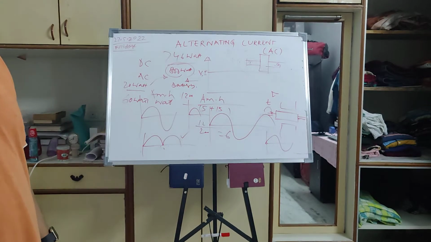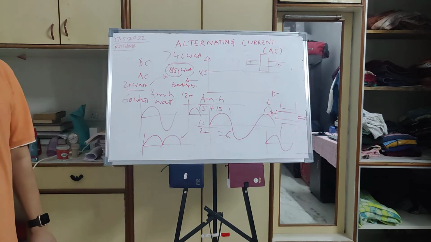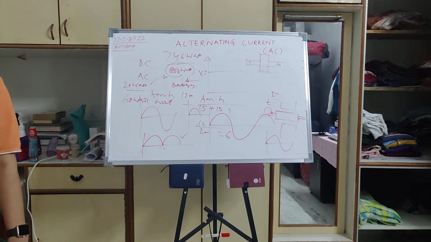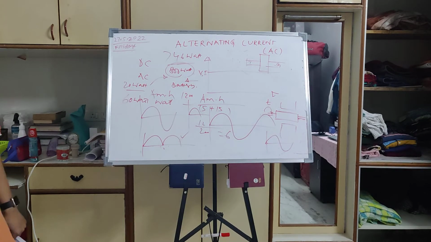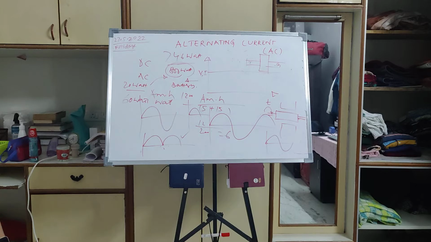That's about the generator. Now whatever voltage you are getting from the power plant, from the power plant to the substation, you will use a transformer to step up that voltage. Why do we step up the voltage? Because if we step up the voltage, the current will come down. If the current comes down, there is something called I squared R T loss, the heat loss.